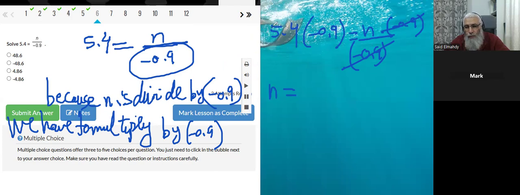What is positive multiplied by negative? Positive 5 multiplied by negative 0.9, the sign will be negative.